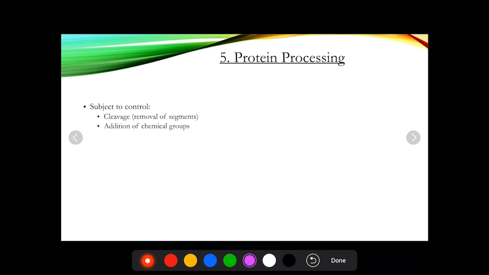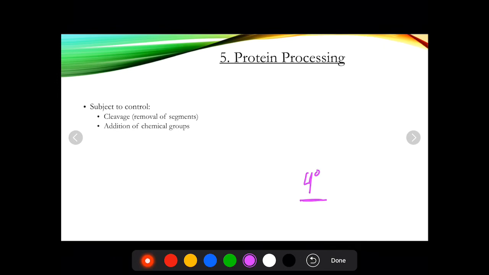For protein processing, you can control whether things get cleaved or broken down. You can control all of those level 4 protein structures. So you can have the primary, secondary, and tertiary structure, but it's not going to be functional until it hits that fourth level. So if the enzymes needed to make these things happen aren't there, then you've prevented the functional protein from being made, thereby controlling that aspect of the protein.